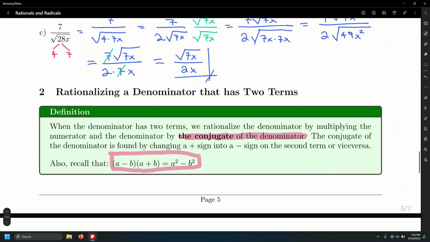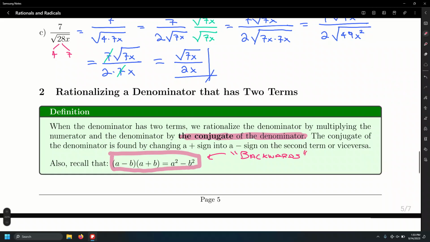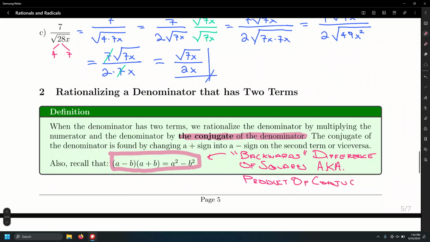This is the difference of squares backwards, also known as the product of conjugate binomials.